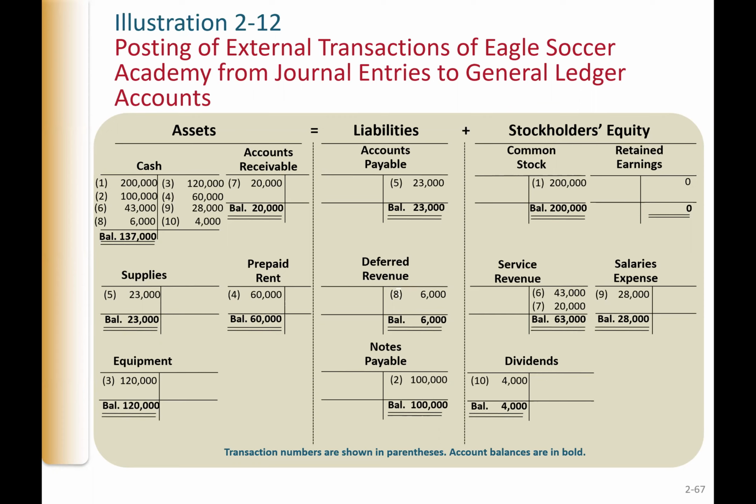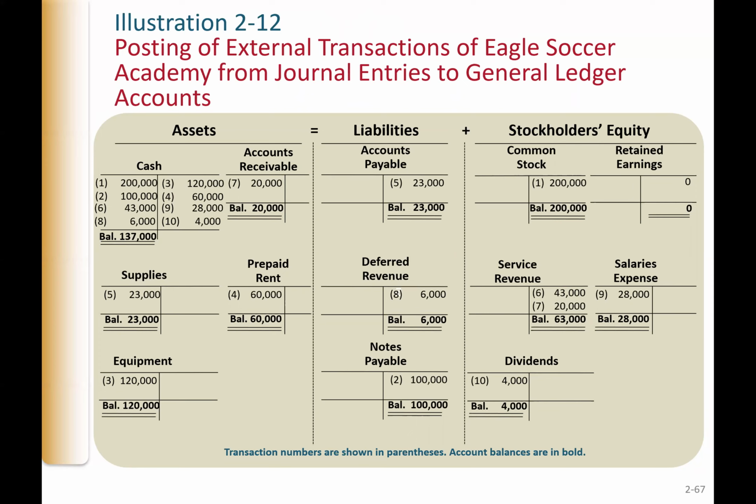The accounts that are assets, we see here. Our cash has a balance of 137,000. The accounts receivable has a balance of 20,000. Supplies has a balance of 23,000. Prepaid rent has a balance of 60,000, and equipment has a balance of 120,000.